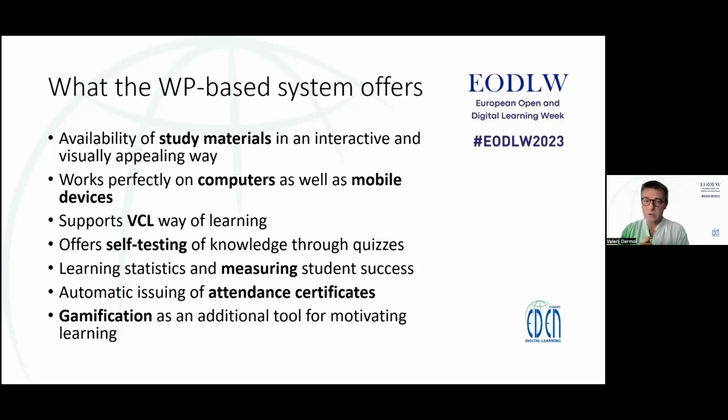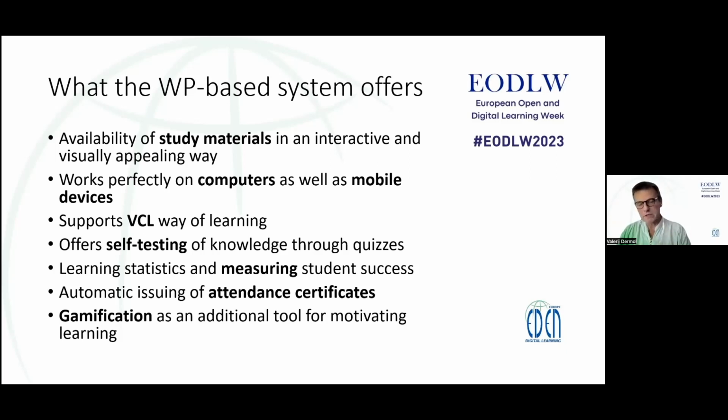And it offers also self-testing of knowledge. We mentioned that in all the courses there will be some quizzes and final quizzes. And if you are successful in those quizzes, you will get some kind of attendance certificate.